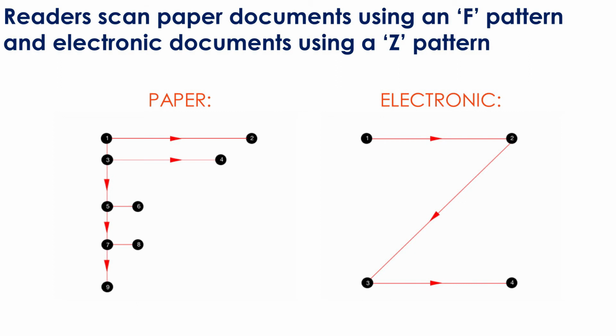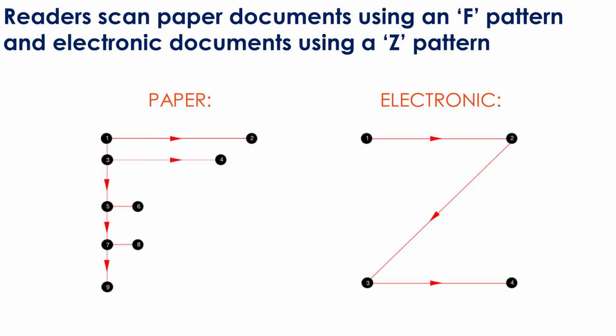They scan paper documents using what we describe as an F pattern. And that means that they basically look all the way across the top of the page. And then as their eyes move down the page, they tend to concentrate on information along the left-hand margin. As a result, if you're producing a paper document, you want to put your most important information in either the top right, the top left, or along the left-hand margin.